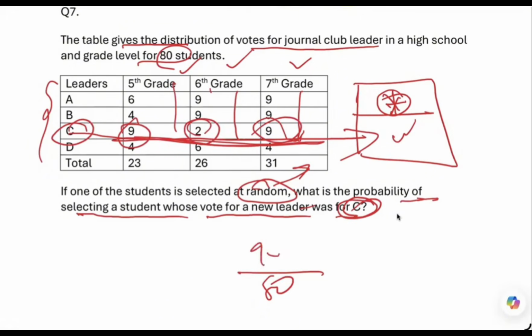Therefore, this is 9 plus 2 plus 9. That's all. This is what? 20. 20 over 80. That means 1 over 4. So 1/4 of the students voted for leader C. And this is how you answer this kind of question. It looks complicated, but the answer choice should pop out like a candy.